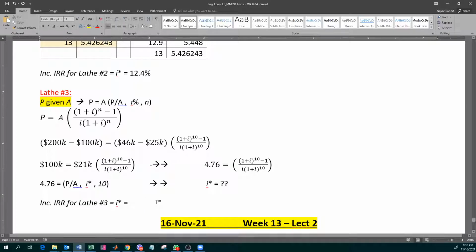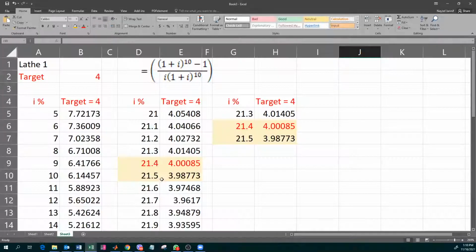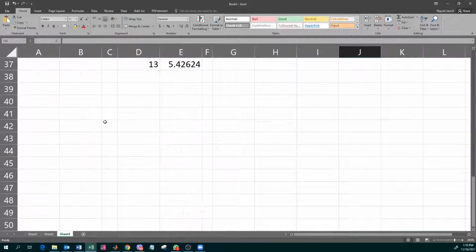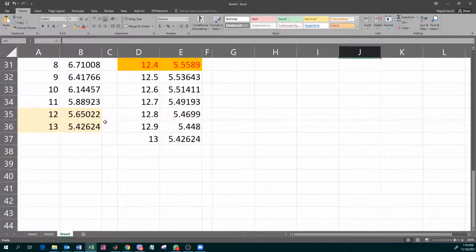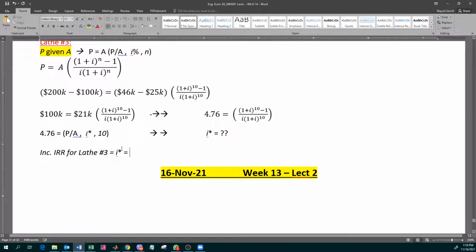All right. Let's now switch over to my Microsoft Excel. This is lathe number 3. Lathe 3. Our target was 4.76.